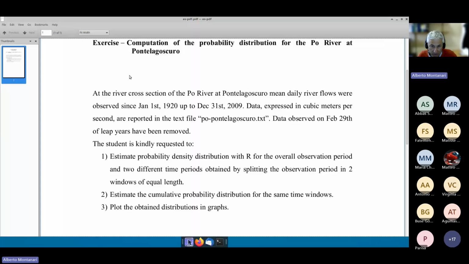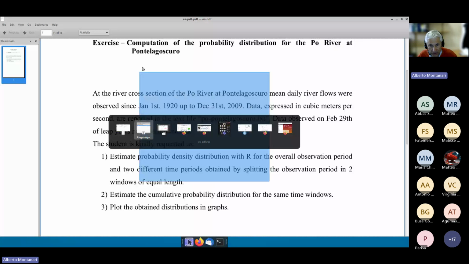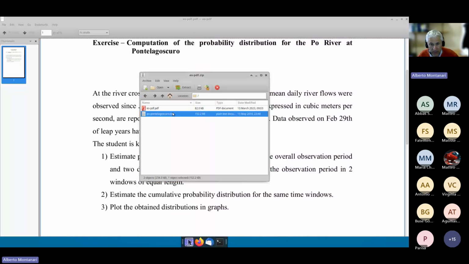It will take just a few minutes because you have seen it, it's very quick. Before doing anything, let me upload the data into R. The data are here, inside a zip file. I need to extract the data file and put it on my desktop, for instance.